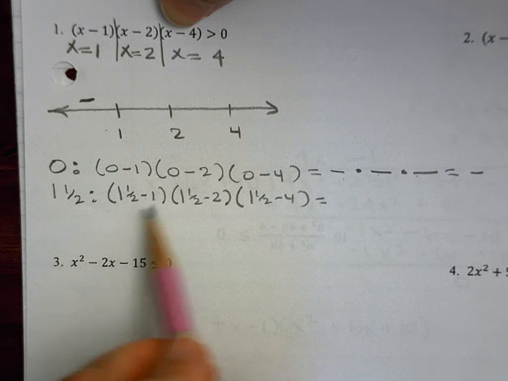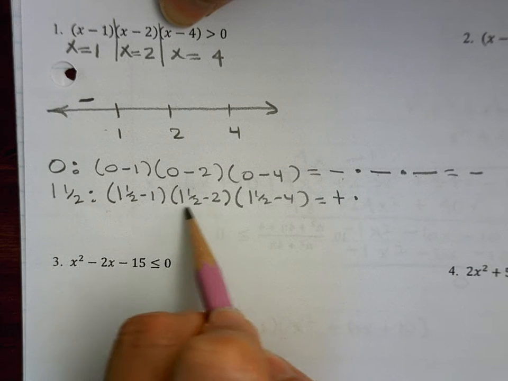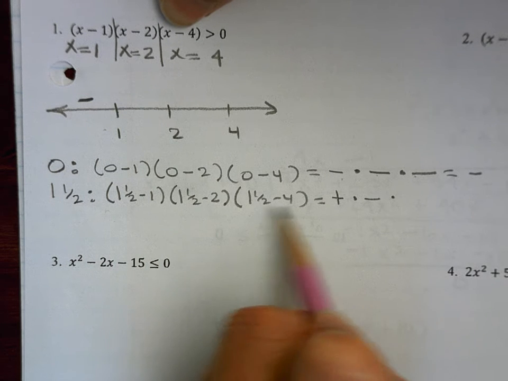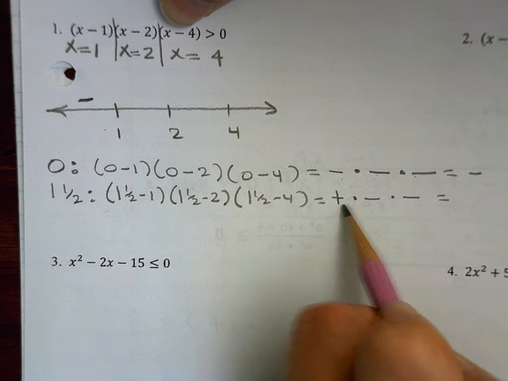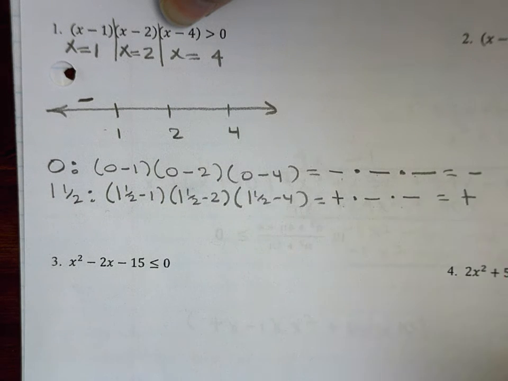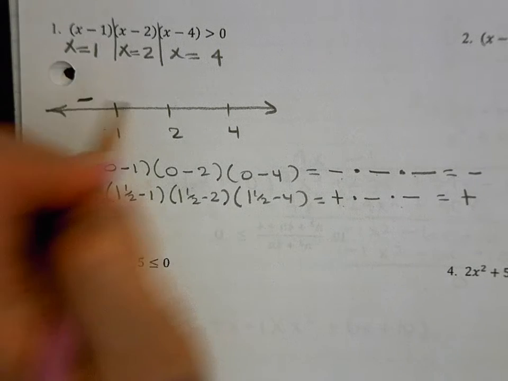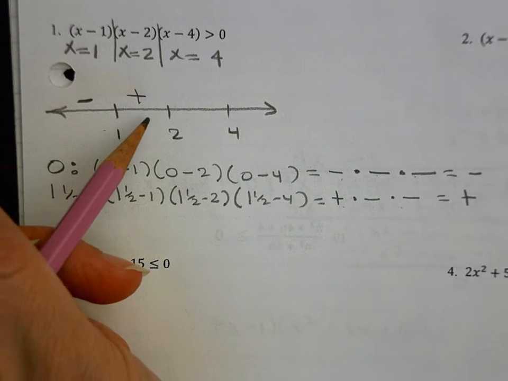That would give me a positive 1/2, so a positive number. This would give me negative 1/2, so negative. And then this would give me about negative 2.5, so negative. A positive times a negative times a negative is a positive number. That means any number I pick between 1 and 2, I'll get a positive number.